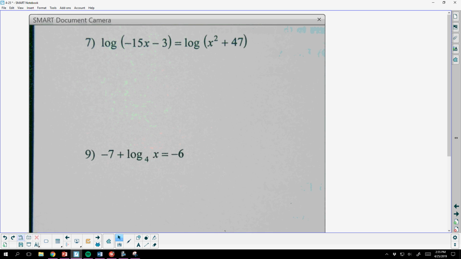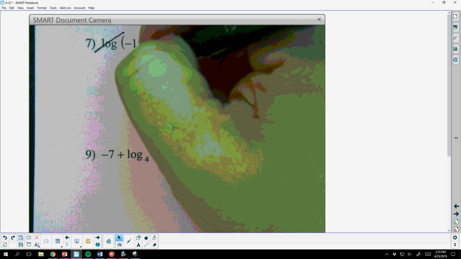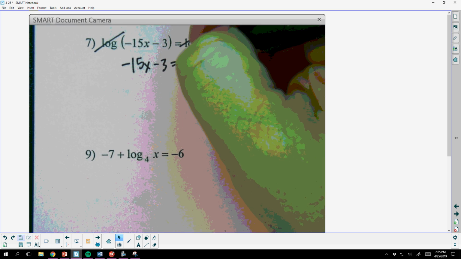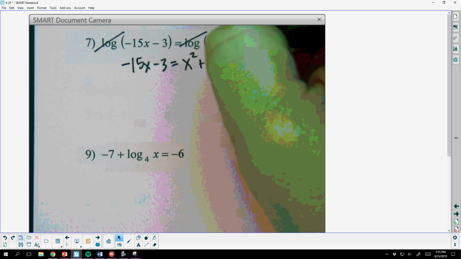That's why I wanted to look at number 7 with you. Do you guys remember when we have a logarithm equal to a logarithm, what we can do to solve it? Yep, we can just cross them out. So we can cross out the logarithms and we'll have negative 15x minus 3 equals x squared plus 47.